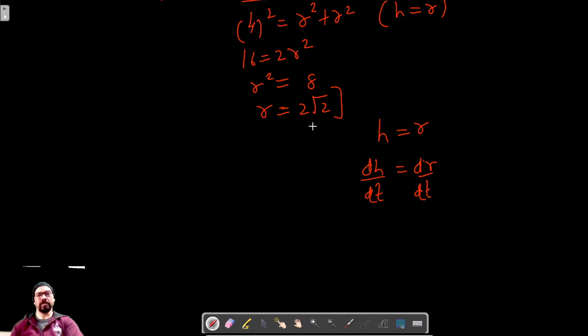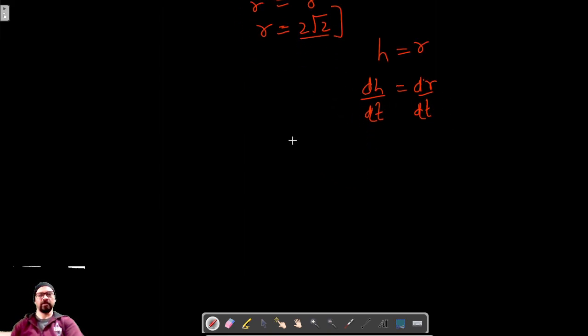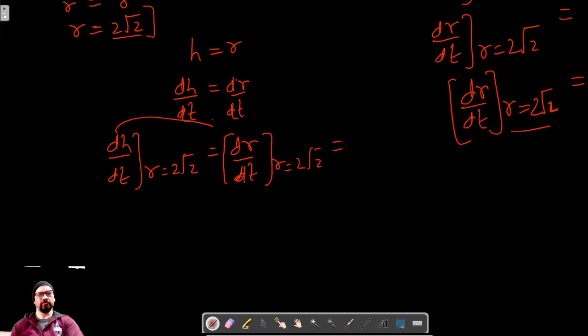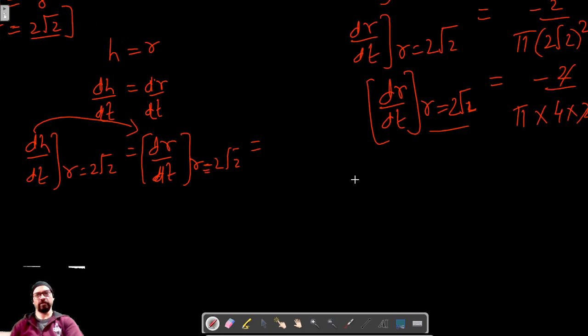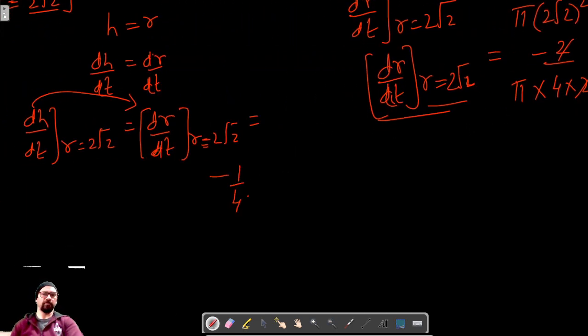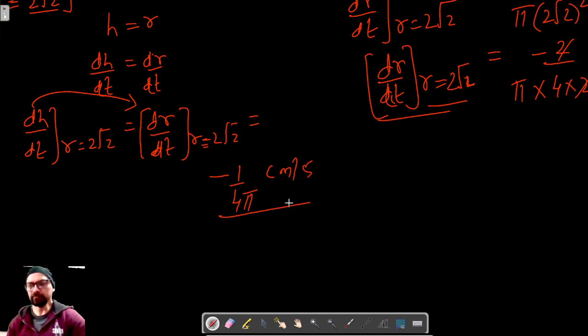We have to find it when the radius is equal to 2 root 2, so dh by dt when radius is 2 root 2 is equal to dr by dt when r is 2 root 2. We have already calculated this: dr by dt when the radius is 2 root 2 is minus 1 by 4 pi, so this is minus 1 by 4 pi centimeter per second as well.